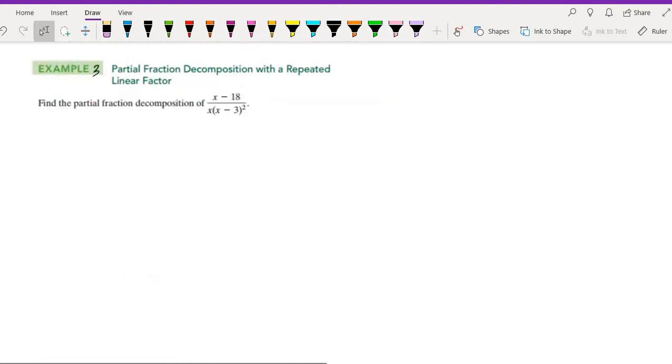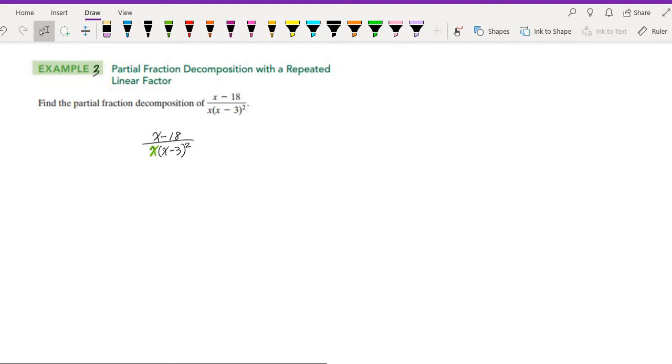Example 3. Find the partial fraction decomposition of (x − 18) over x times (x − 3) to the second power. For this question, we have to think a little bit. Let's look at this denominator x first. You can put a parenthesis if you want to.